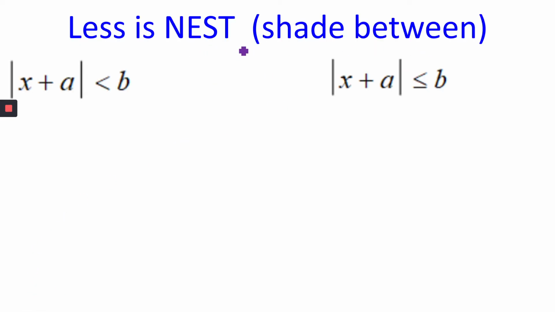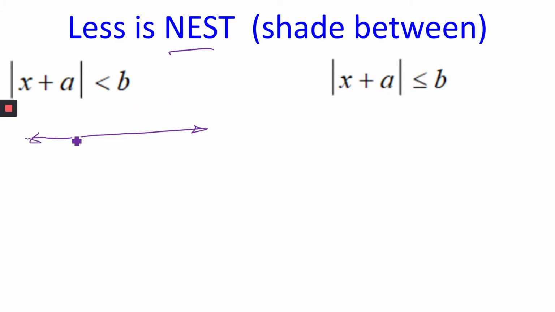The next type are the less than and the less than or equal to, and as I shared with you, less is "and," and that means that we shade between when we see these. So if we think about it again, if we start at our center, negative A, we can walk less than B to the left or to the right. These are going to both be between, but we have to keep in mind when it's an open circle and when it's a closed circle.